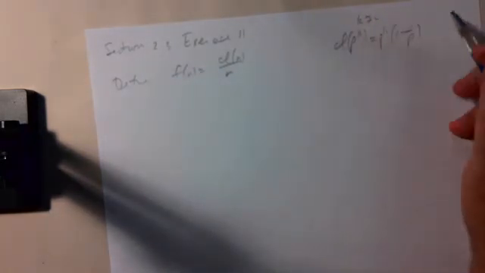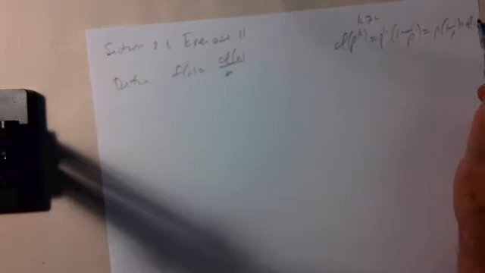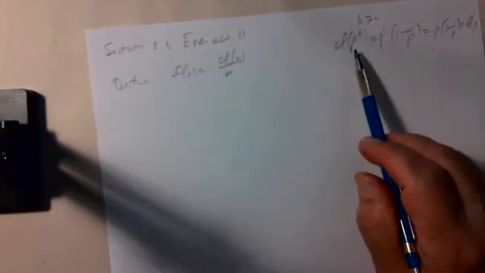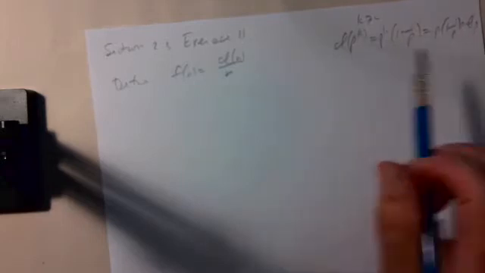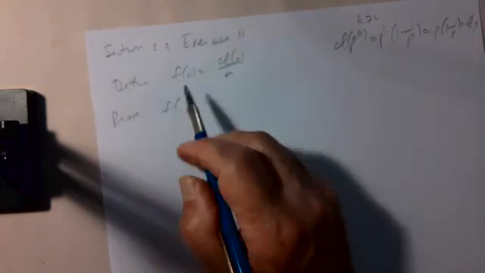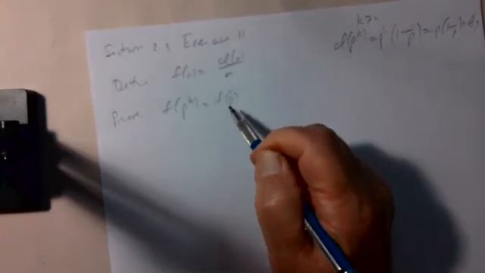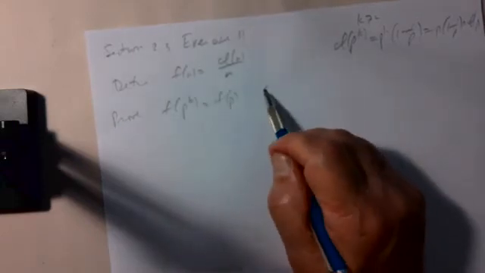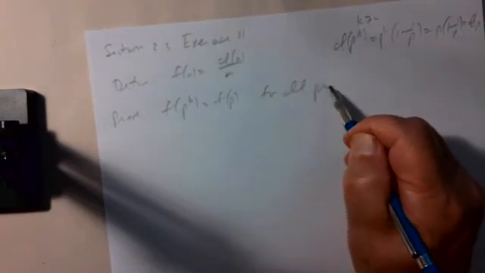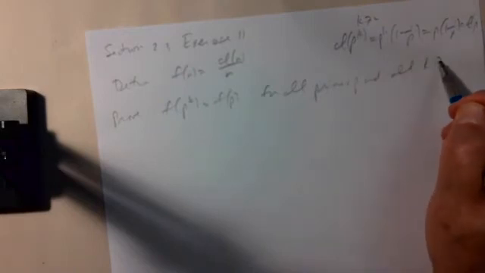And if k is at least 2, this is not equal to p times 1 minus 1 over p, which is phi of p. So it's not true that phi of p to the k equals phi of p. What we want to prove is that f of p to the k equals f of p for all primes p and all positive integers k.